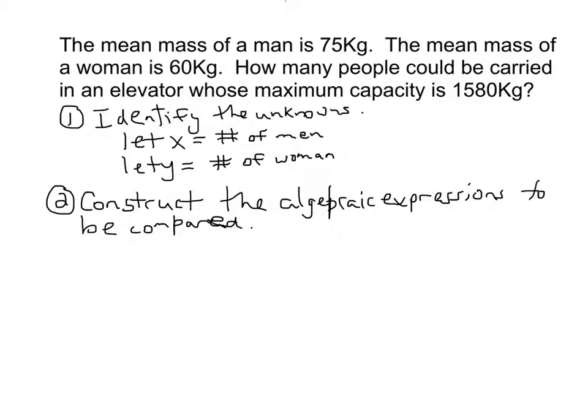So we've got two parts to this question. We've got the amount of mass that the elevator can carry, and the amount that each man and woman weigh, and the amount of people that we're putting into the elevator. All we care about is how much total weight can the elevator carry, and how much total weight are we putting into the elevator. So let's write that as two parts.